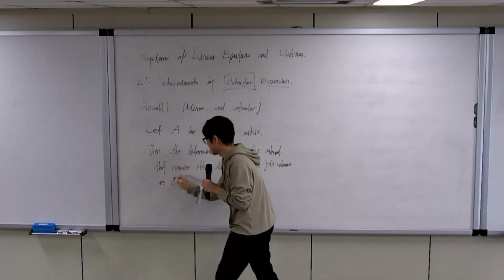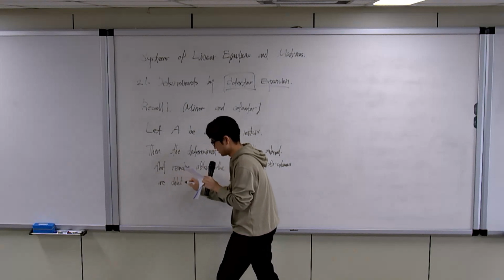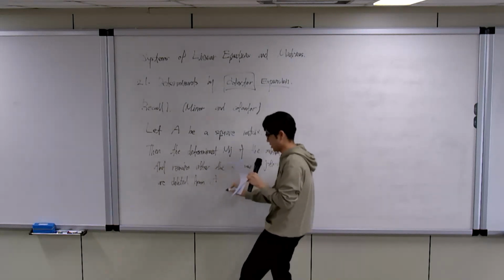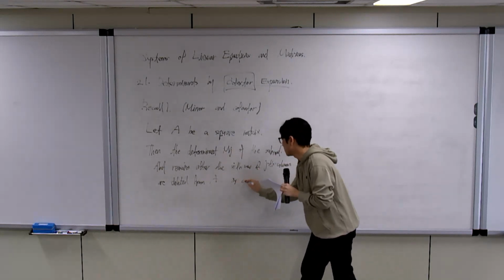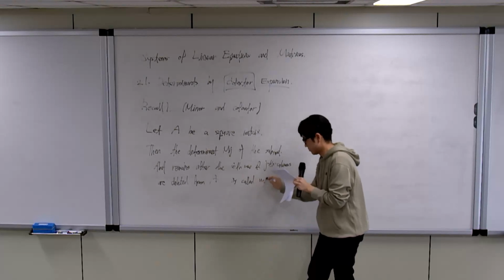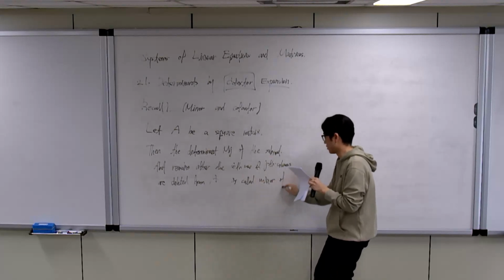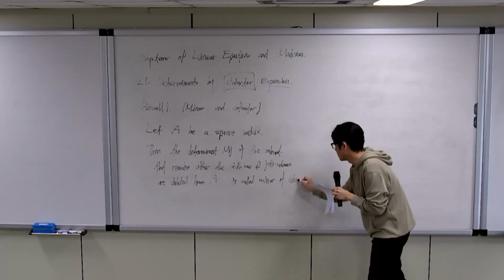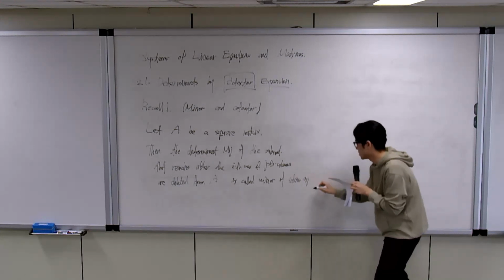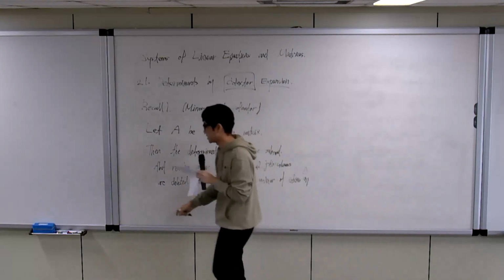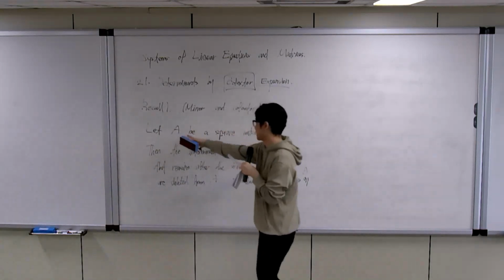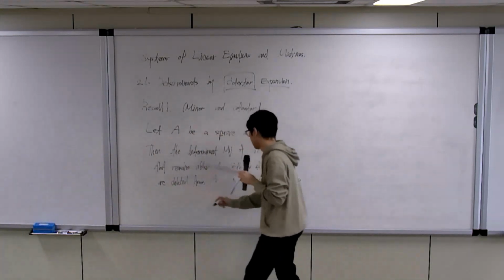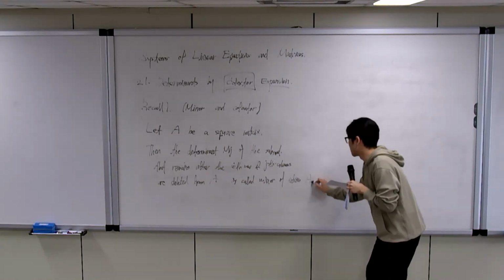Or deleted, removed from A, is called the minor of entry Aij. Sometimes I will write large A because we denoted the matrix as A. So in my notes, maybe it is small a.